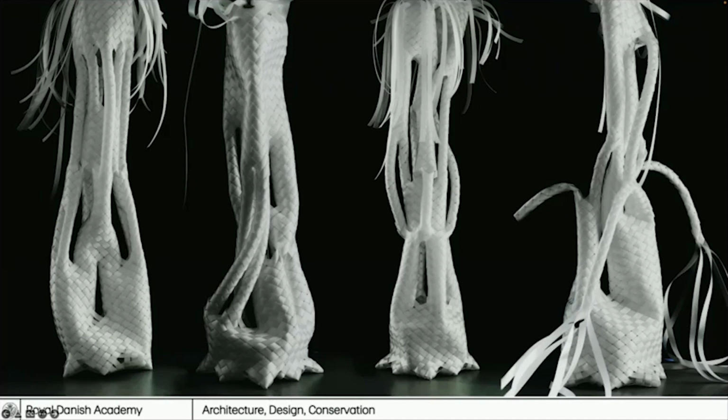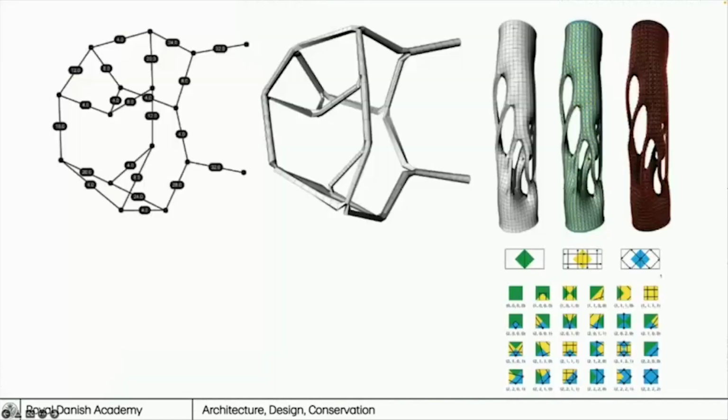Representation allows us to both speculate and to specify. It allows us to have internal conversations that develop design, and it allows us to communicate those designs to others. So we went into this big effort of trying to instrumentalize the logics of braid into computational models.